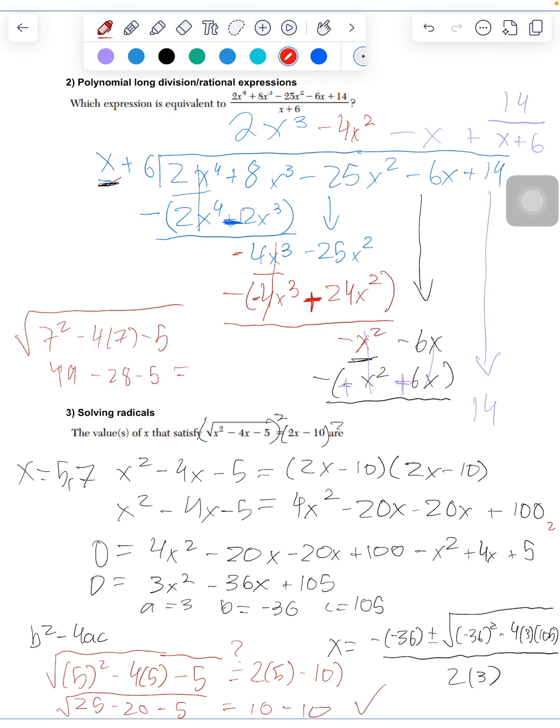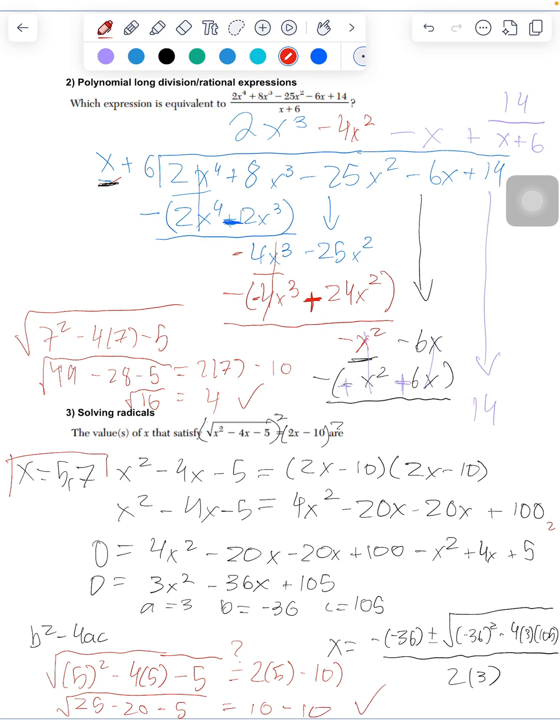Is that going to equal 2 times 7 minus 10? So it's asking, is this going to work? 49 minus 28 is 21. 21 minus 5 is 16. Does 16 equal 2 times 7 is 14, 14 minus 10 is 4? Does the square root of 16 equal 4? Yes, it does. The square root of 16 is 4.